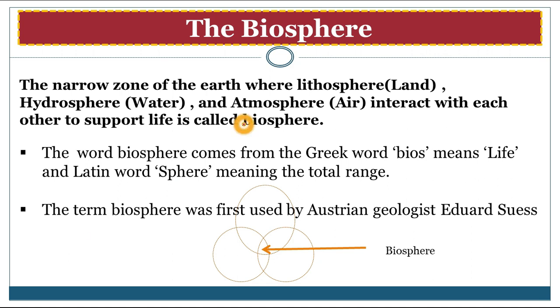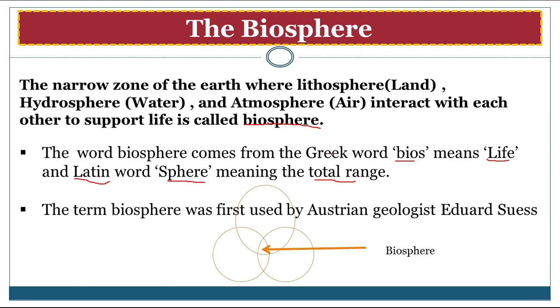The word biosphere comes from the Greek word bios, which means life, and the Latin word sphere, which means the total range. The term biosphere was first used by Austrian geologist Edward Suess.